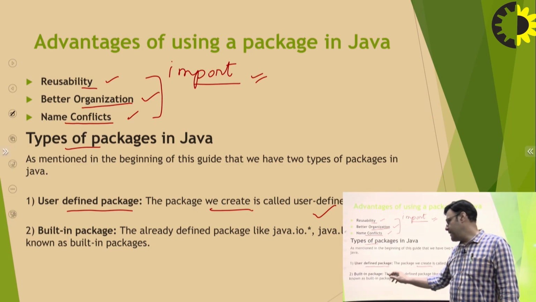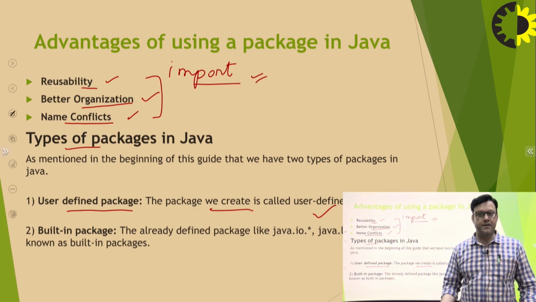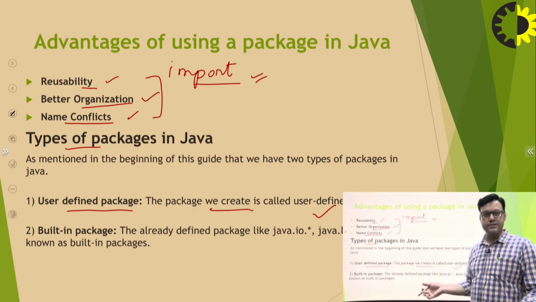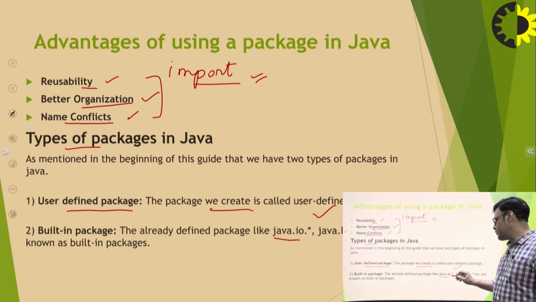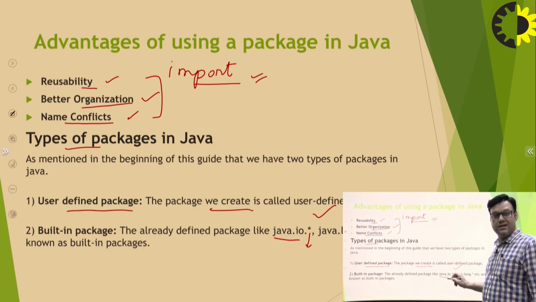Built-in packages are those already defined, for example java.io.*. It means it will include all the classes and methods in the input-output package java.io.